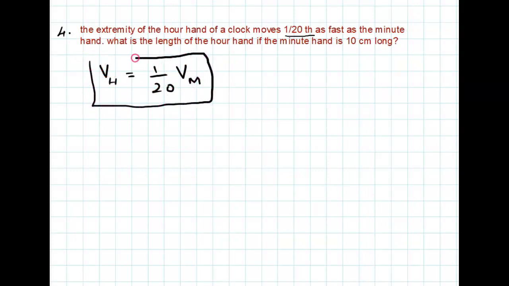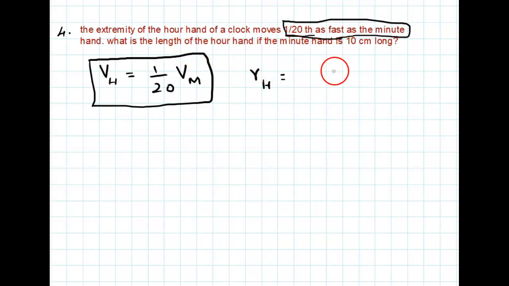This is what the question says. What is the length of the hour hand? The length of the hour hand is the radius. Actually, the length of every hand is the radius of the particular hand. So we have to find RH, that is the length of the hour hand.